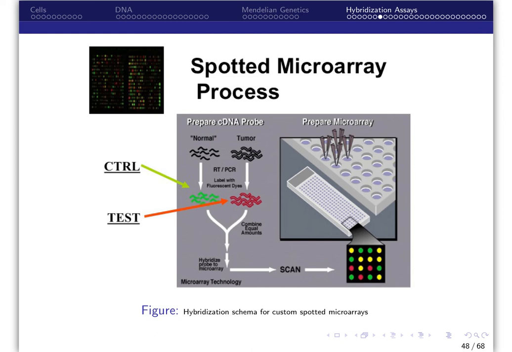Notice here that the custom spotted array is a competitive assay, so both the sample of interest, the experimental sample, and a control sample are hybridized together. Because of the competitive hybridization process, these two distinct samples are labeled with different reporter dyes. Often we call these green and red.